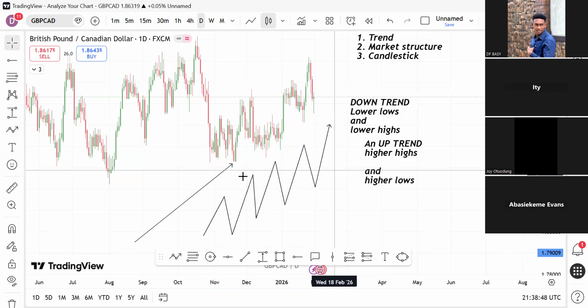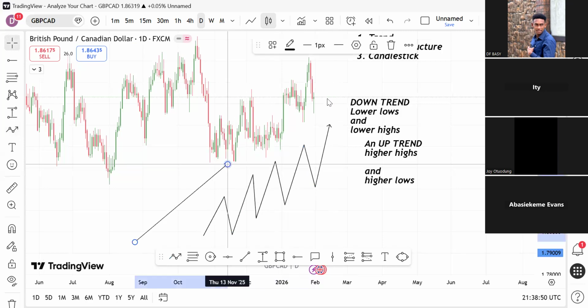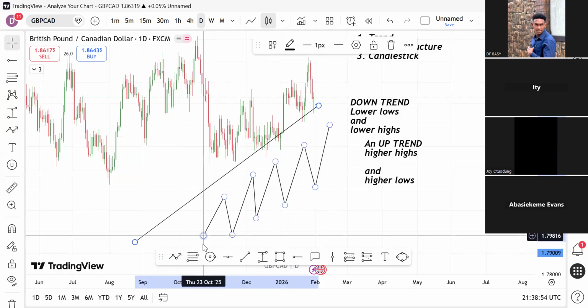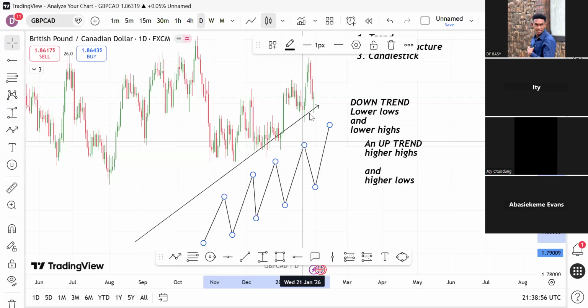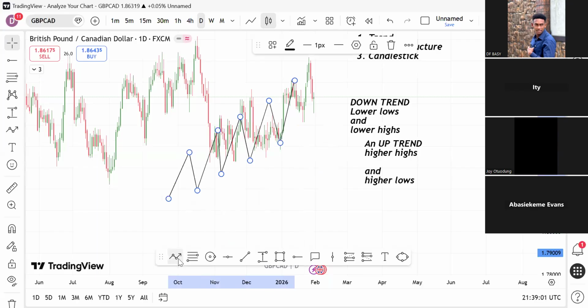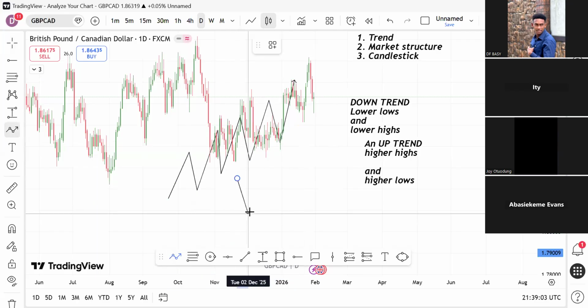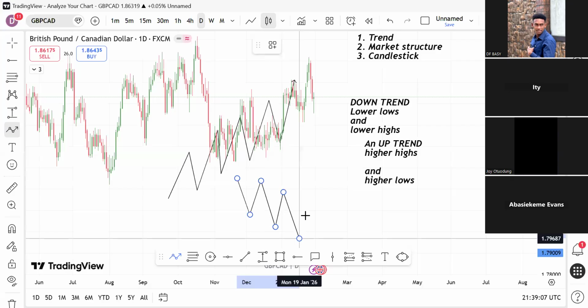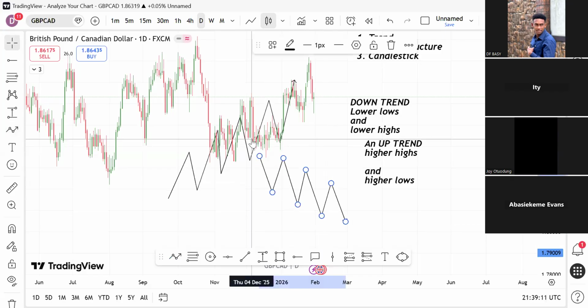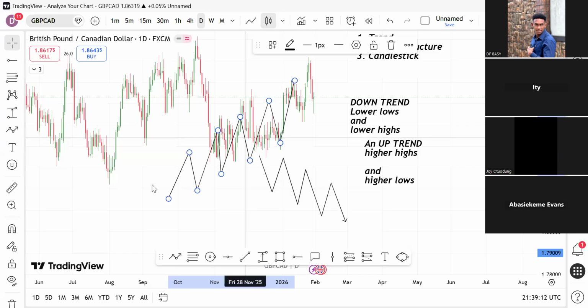That's how the market moves. It doesn't move in a straight line. It's wavy. So now it's either going up or it's coming down.